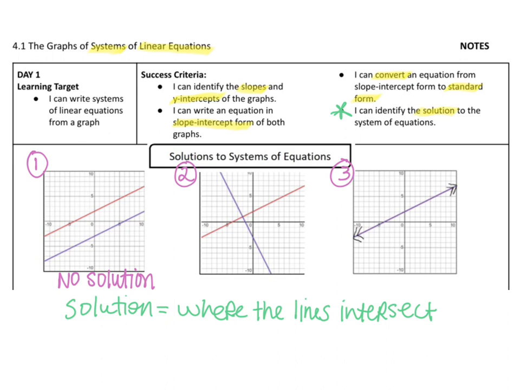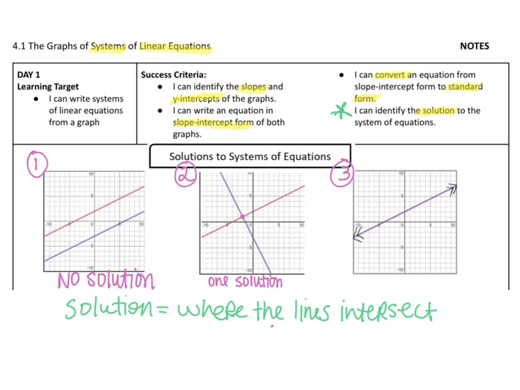The second type of solution we might see is on graph number 2, where you have a specific point where the lines cross. Now we say that solution is at the actual point where they intersect. So if we find the ordered pair, that is going to be the solution. So one solution, right, where they cross.